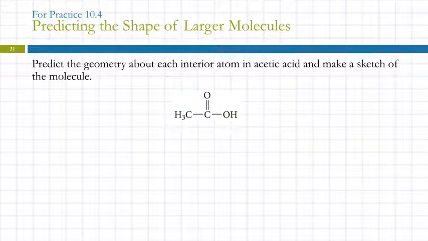So let's do an example. So I'm going to take this and just expand it into a Lewis structure. So there were 3 hydrogens on that carbon, and there's a hydrogen on this carbon.